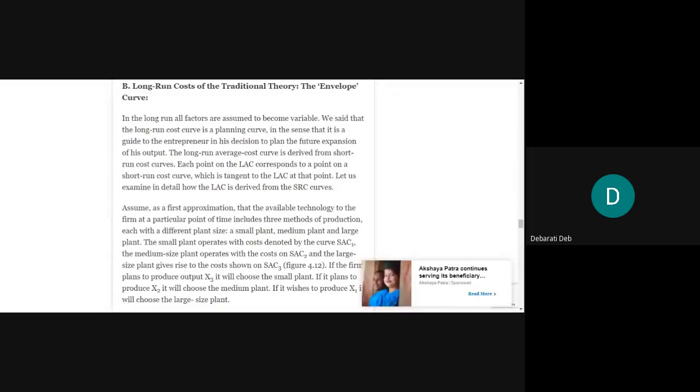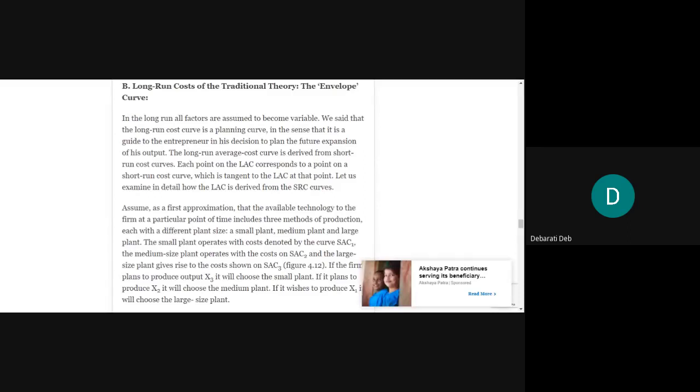I'll show you how the curve looks within a few moments. Each point on that long run average cost curve will correspond to a point on a short run cost curve.